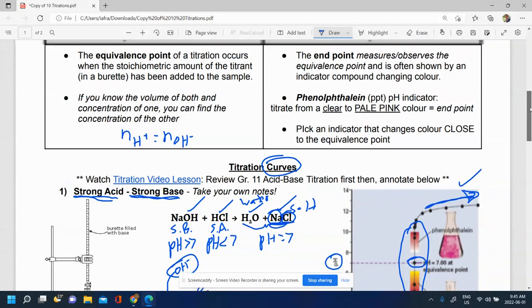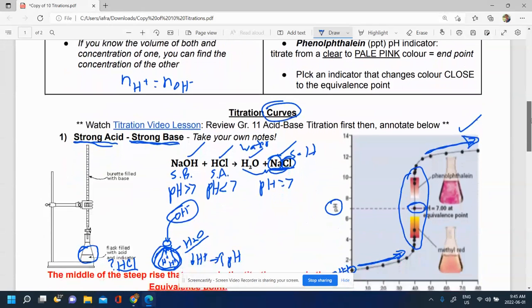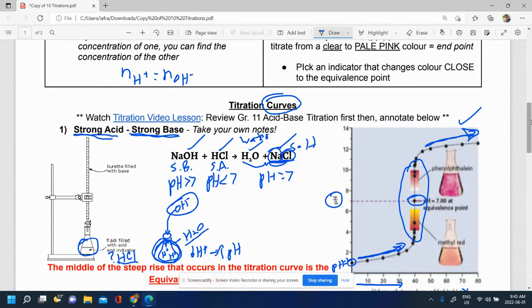So this is my equivalence point, and this is my volume required to get there. Once you figure out this volume, you can use it in stoichiometry to figure out your unknown acid concentration.